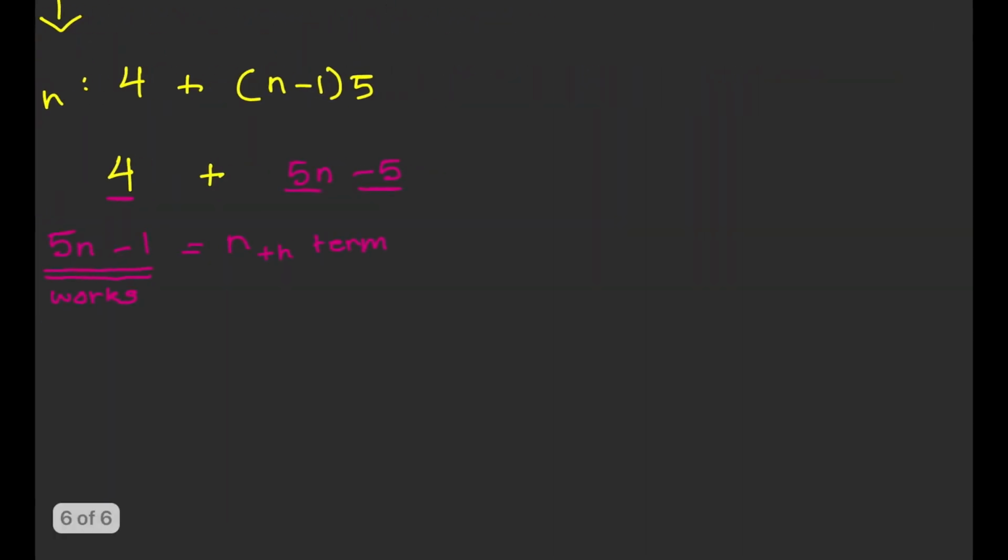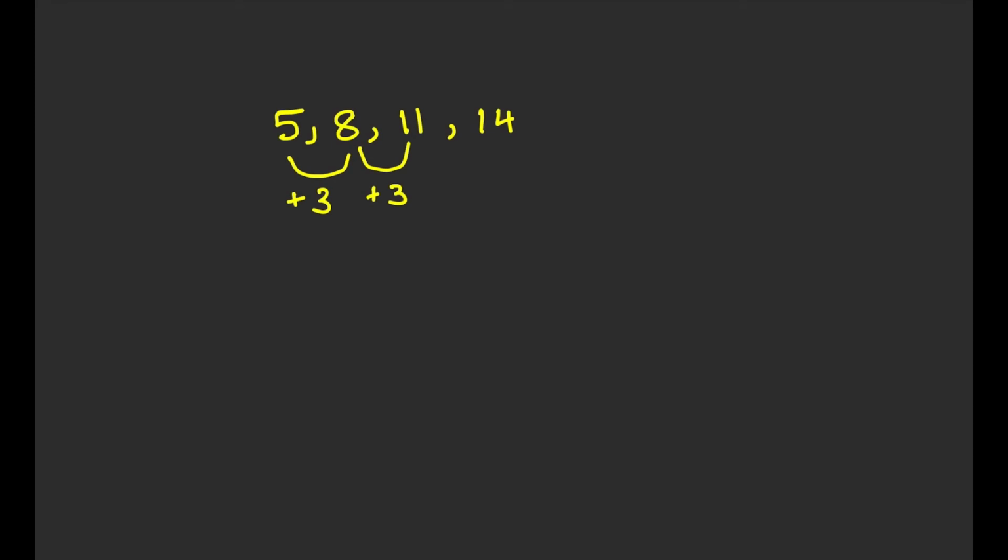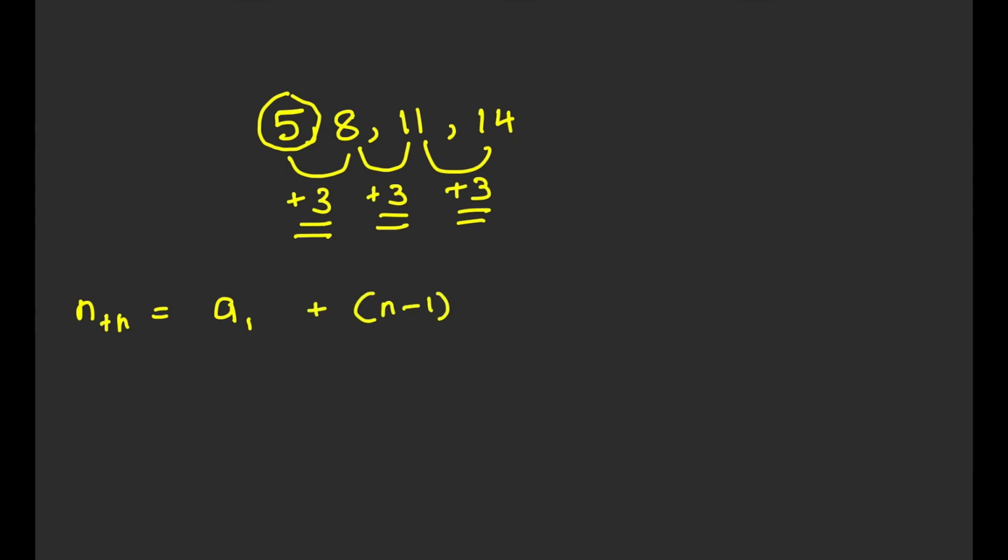Now let's look at another example. Let's look at 5, 8, 11, and 14. Now let's look at the common difference. So plus 3, plus 3, and plus 3. So now we have our d value, that's the constant gap. We have the first term, and we have the expression for the formula. So we know the nth term is the first term plus the expression n minus 1 multiplied by the difference.